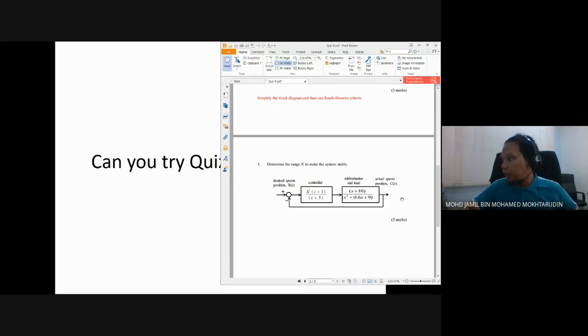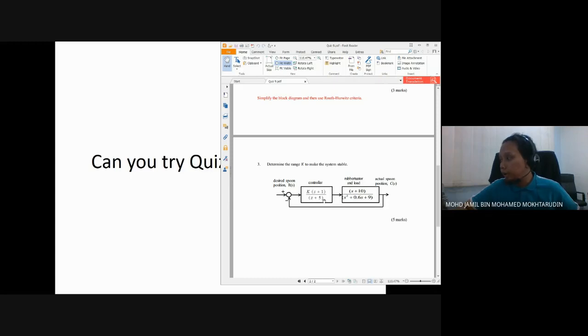So usually for an exam or test, sometimes we give you a complicated block diagram, and then we ask you to simplify it. After you simplify the block diagram, we give you some values, and then you determine the range of K, or sometimes determine the poles from the block diagram.